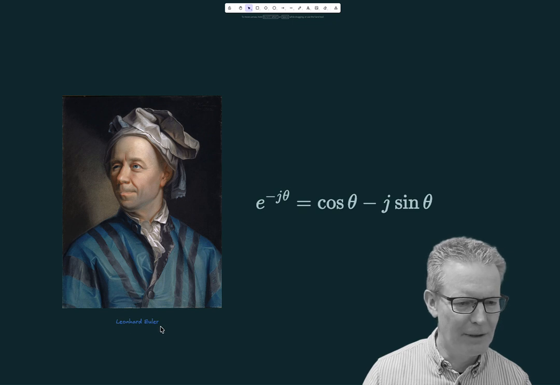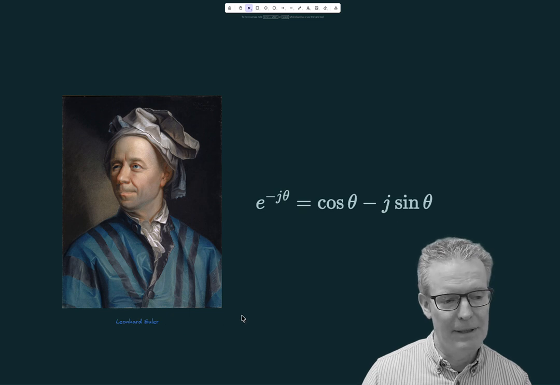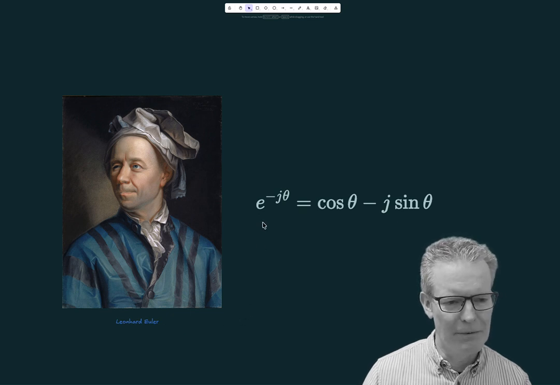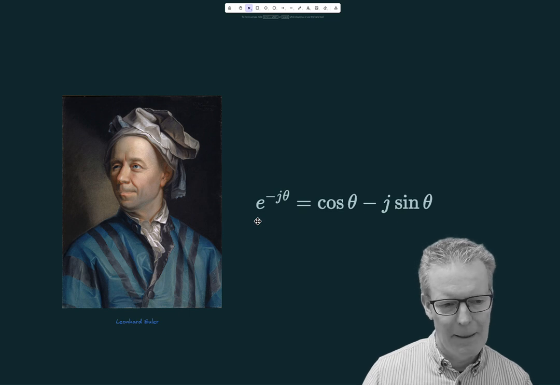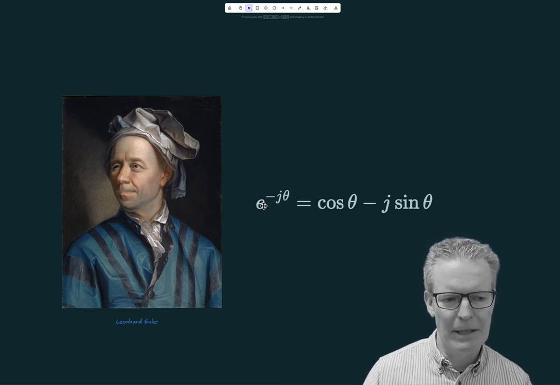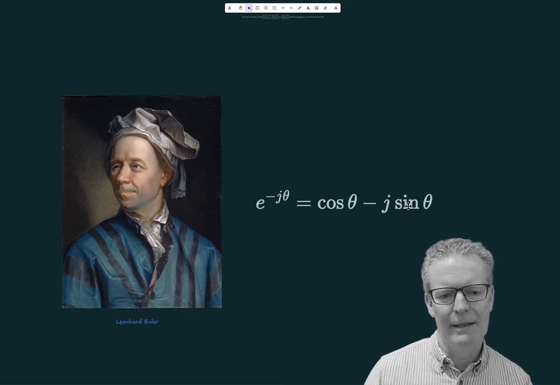First, Leonhard Euler, very famous Swiss mathematician. And he was a very prolific mathematician. And one of the many very interesting formulas he produced is this one, very famously relating the exponential of a complex value to the difference between the cosine and the sine of theta.